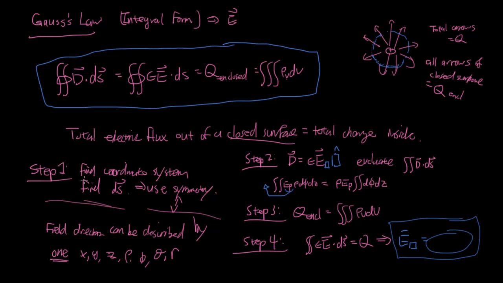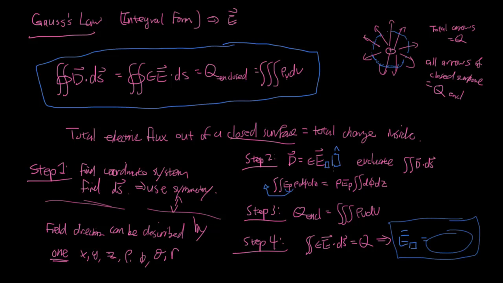But to use it to solve problems, you can use this to solve for electric fields in highly symmetric situations by first finding the coordinate system, finding your ds, and choosing that so that you can apply symmetry. So symmetry has two criteria. One is that your field can be described by one basis vector: x, y, z, rho, phi, theta, r. In that case, your ds will be the other two letters in your coordinate system.